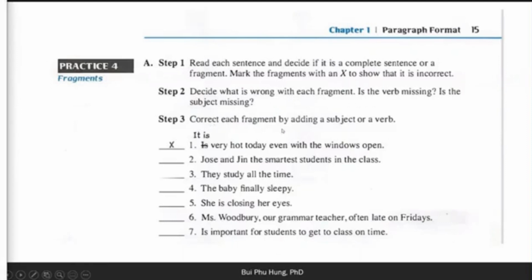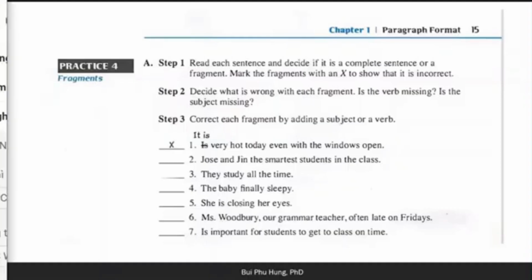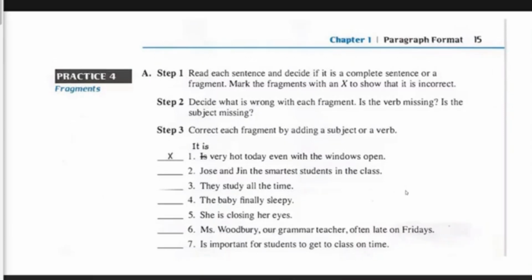Correct each fragment by adding a subject and a verb. Can you tell me your answers?